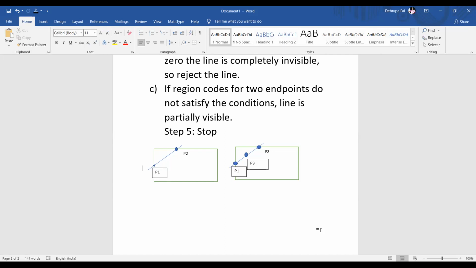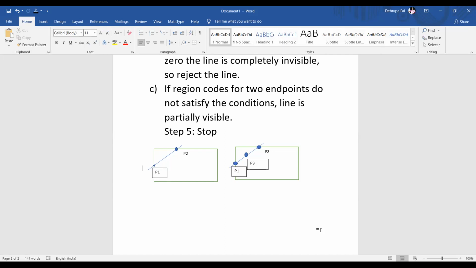So what are the advantages of midpoint subdivision line clipping? It is suitable for machines in which multiplication and division operations are not possible, because it can be performed by introducing clipping dividers in hardware.